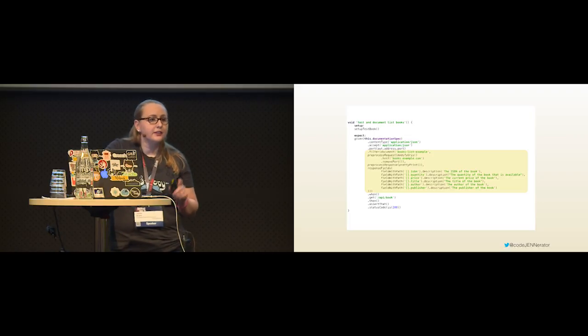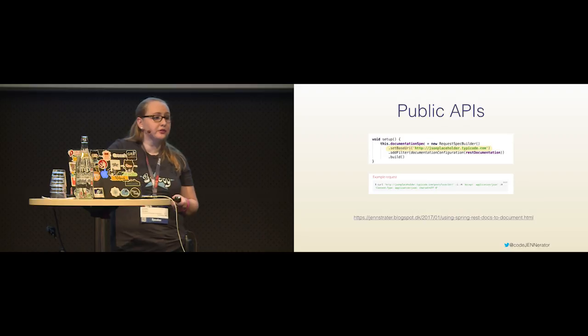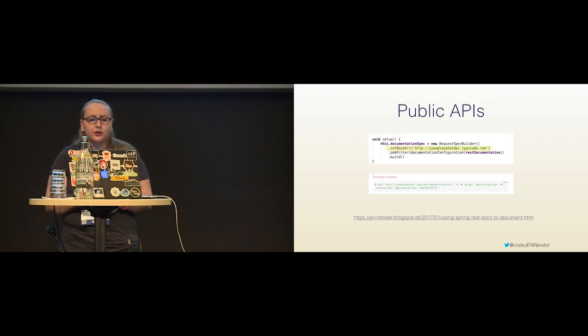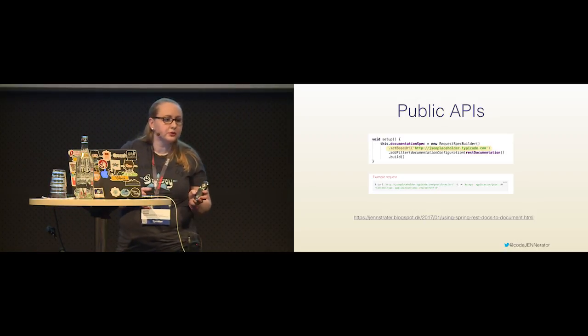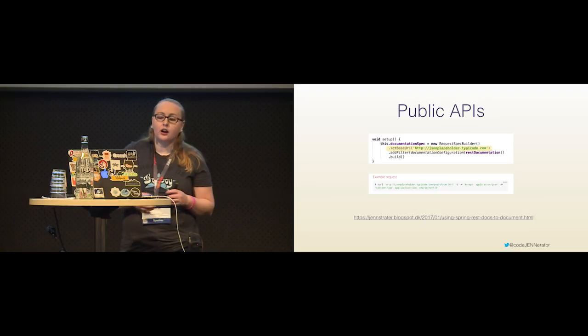However, that nice little tidbit also can be exploited for other things. So I published a blog post a couple weeks ago that you could actually set it up in the configuration to go against public APIs. So I took an example that uses just a JSONPlaceholder API and actually documented something that I had no control over.